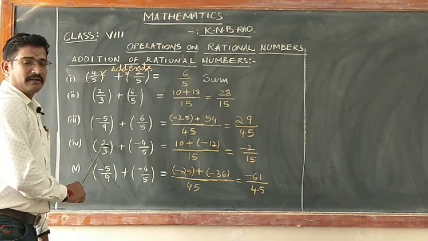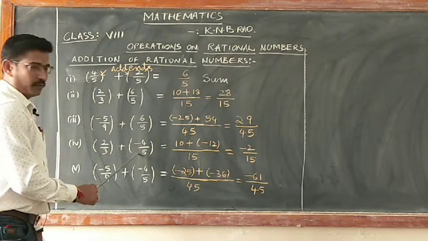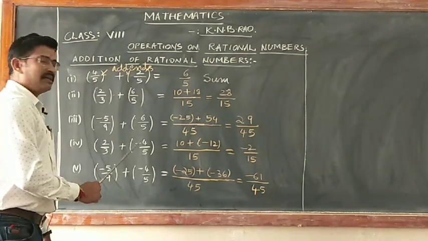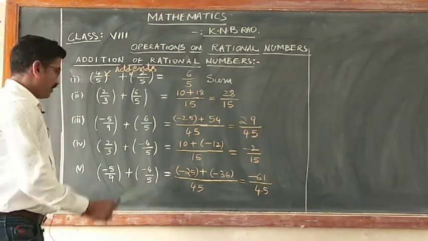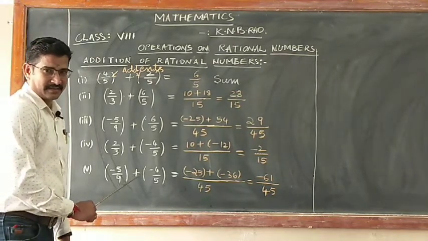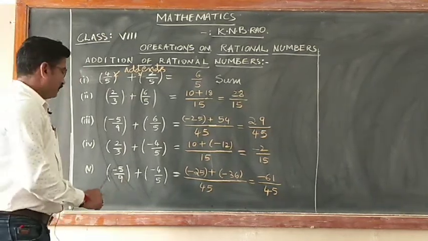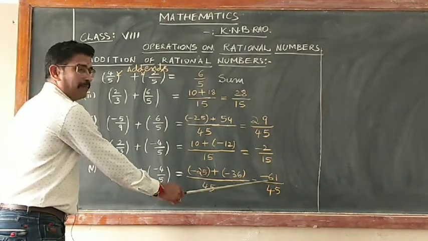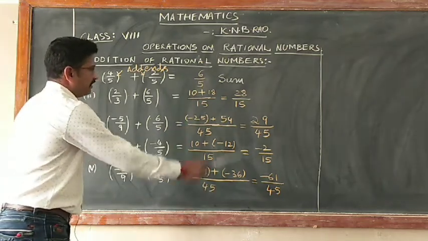Next, when the first rational number is positive and the other negative, with a different denominator again, the sum of 2/3 and -4/5 is -2/15. And lastly, two negative rational numbers with different denominators: -5/9 added to -4/5 gives the sum -61/45.